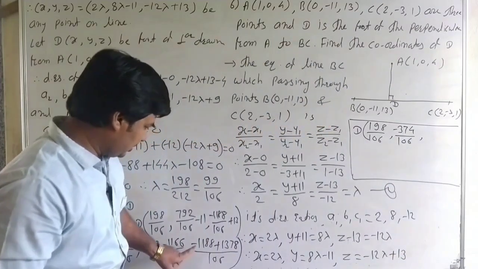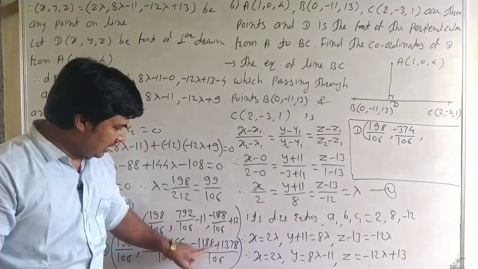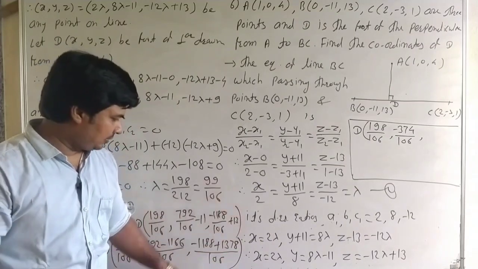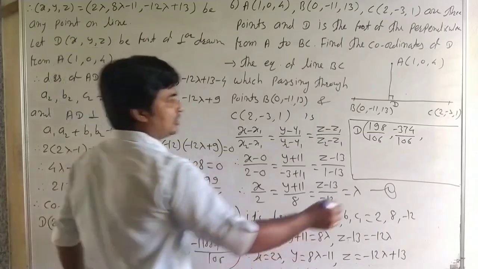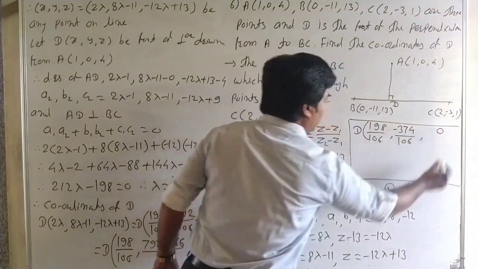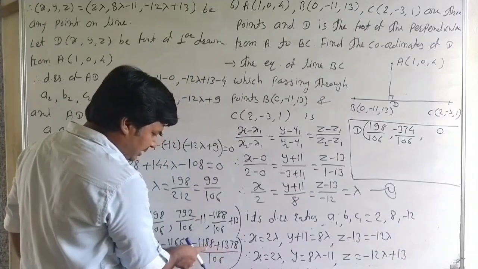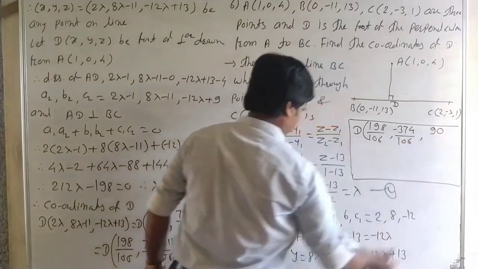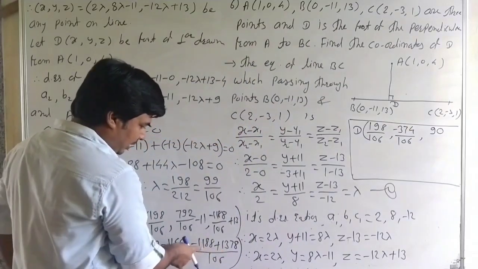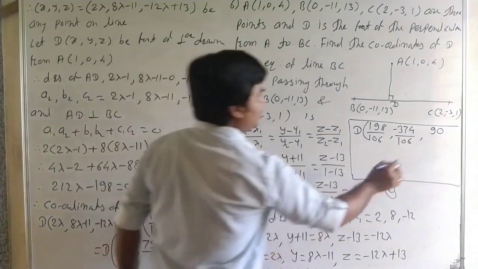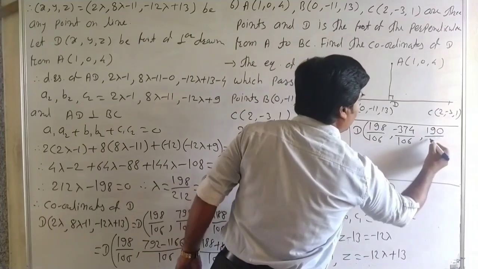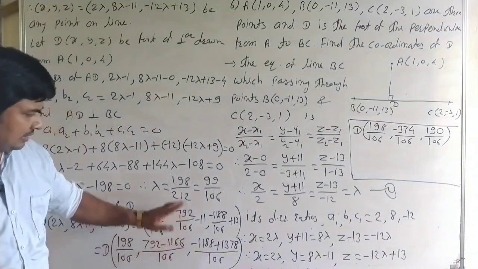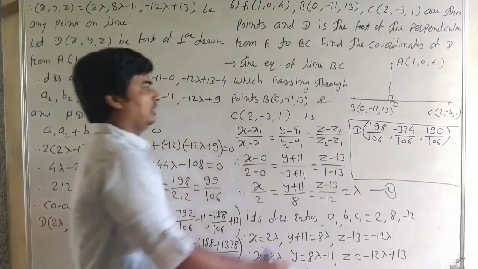The last calculation here is minus 1188 plus 1378: 8 minus 8 is 0, then 7 minus 8, that means 17 minus 8 is 9, now 2 minus 1 is 1, and 1 minus 1 is 0, that is 190 upon 106. See carefully the calculation, addition and multiplication.